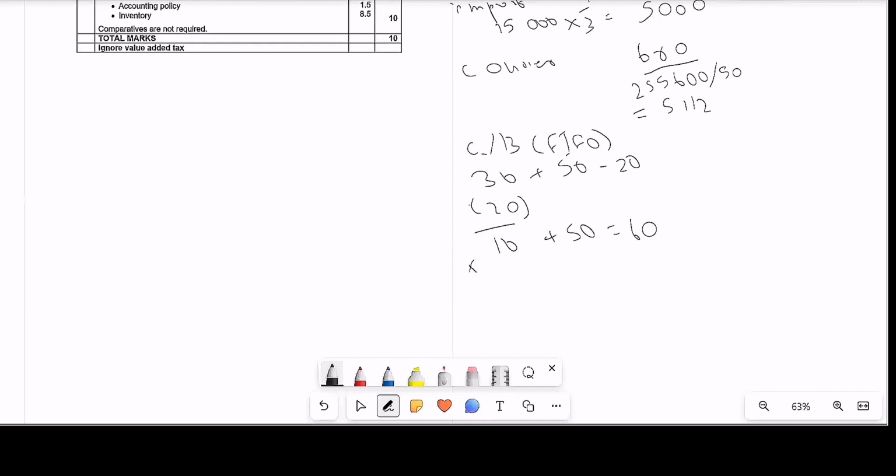This one is gonna be times 5,000. This one is gonna be times 5,112. So this one is gonna be 50,000 plus the 255,600, which is gonna give us a total value of 305,600.